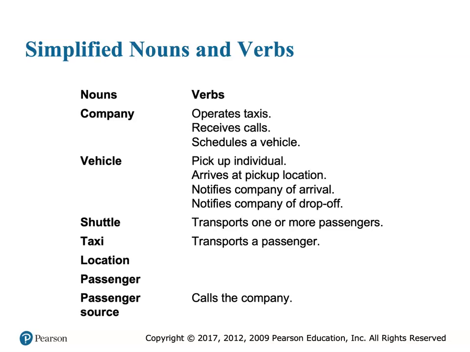Here's where the language starts to get a little sticky. You could say that a taxi transports a passenger group and a shuttle transports multiple passenger groups, because it might be the case that, you know, a family is taking the shuttle or a family is taking the taxi. So there's that distinction that you need to think about.